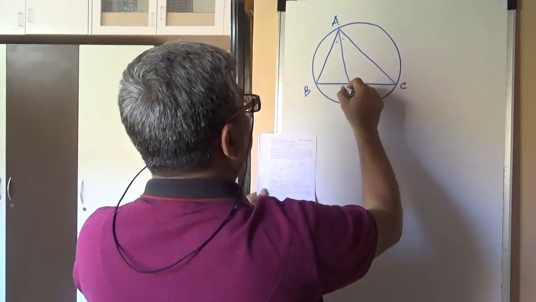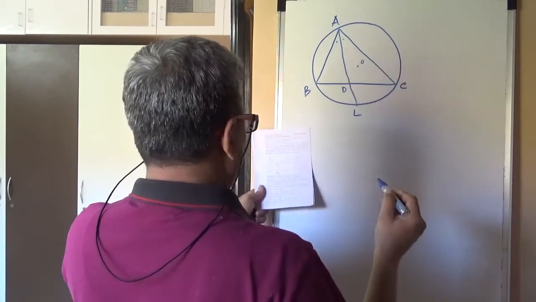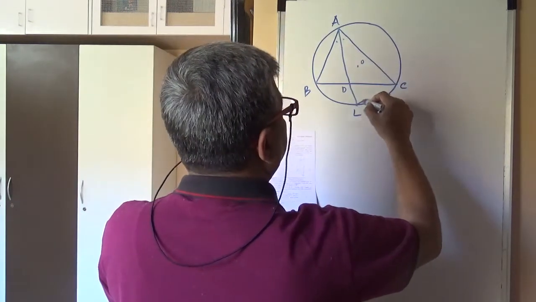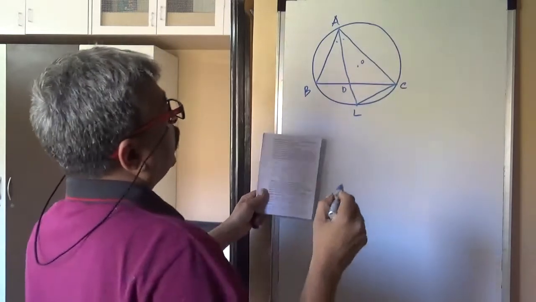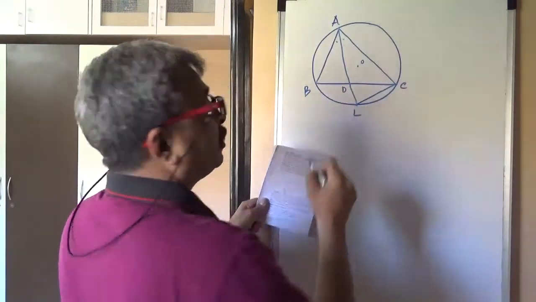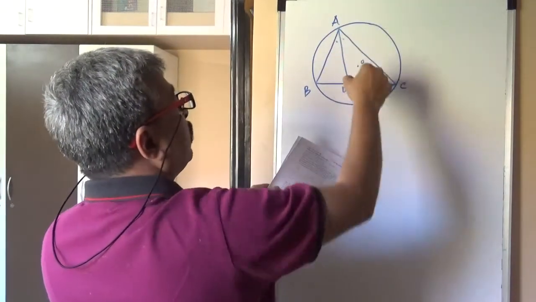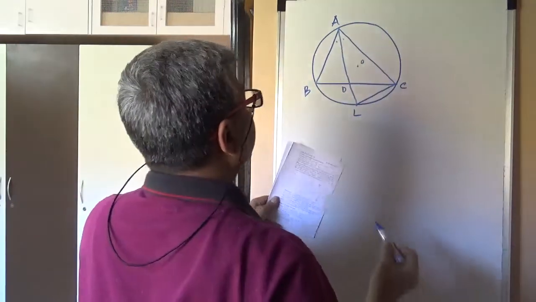Let this point be D, this be circumcenter O, and join LC. In the previous lecture we found this information about point L. It is the point of concurrency of the circumcircle, angle bisector and perpendicular bisector.